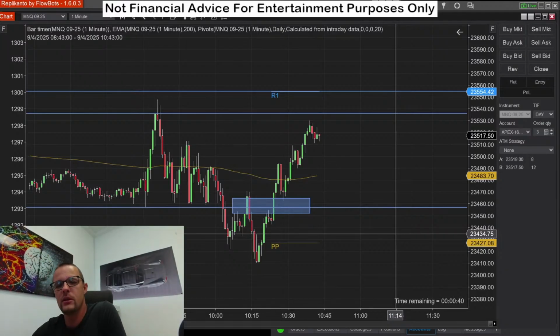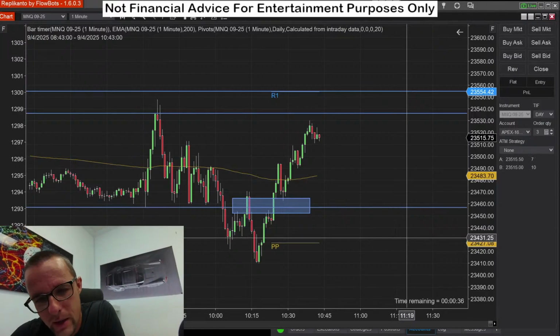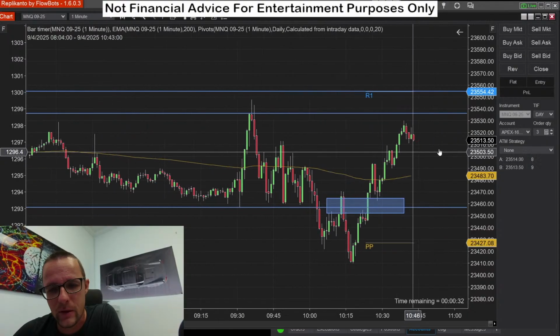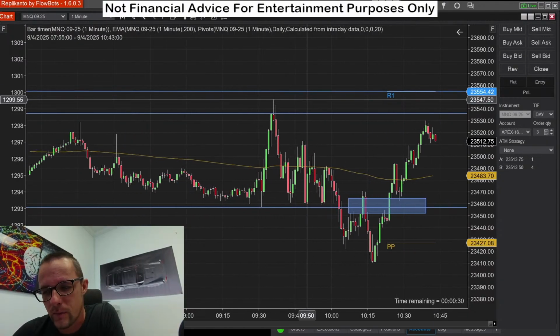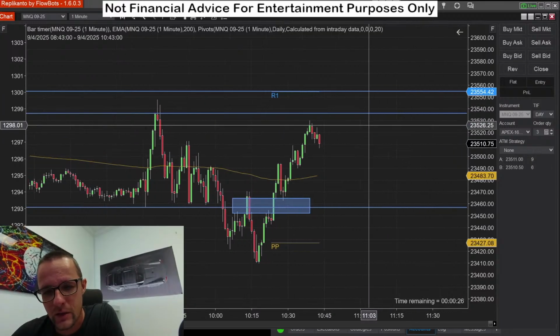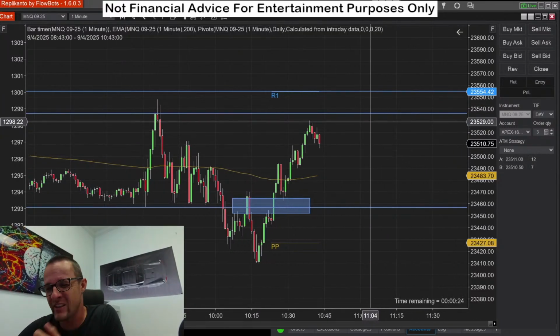For me to want shorts, I would want price to close right above here. Maybe even take out this high up here. Take out this high, close above that 5-minute range, and then start moving back down into that range.